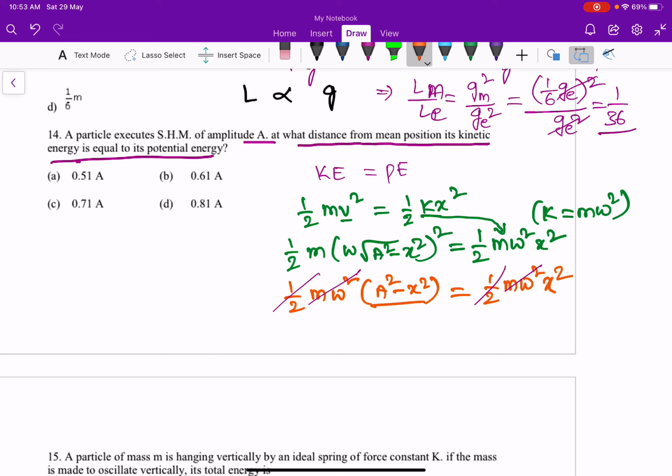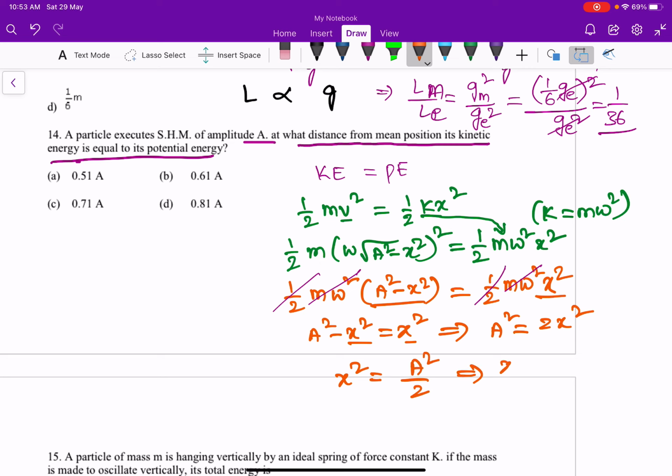The remaining thing is a square minus x square equal to x square. So a square equal to x square plus x square, which is 2x square. Therefore x square equal to a square by 2 and x equal to under root of a square by 2, that is a by root 2, is the answer.